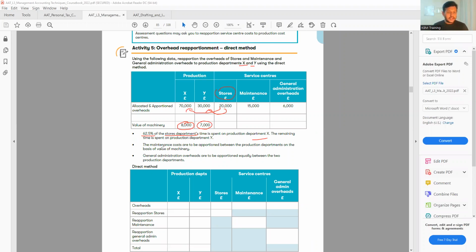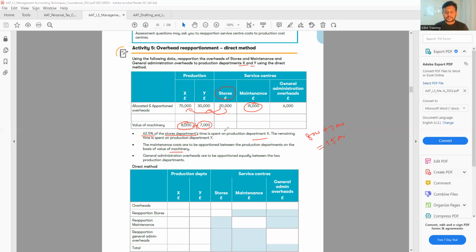The next one is that the maintenance costs are to be apportioned between the production departments on the basis of the value of the machinery. So for maintenance, we have 15,000. We're going to split this 15 based on the 8 and 7. So 8 plus 7 gives me 15.